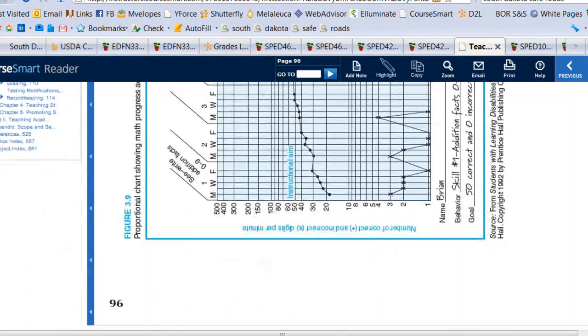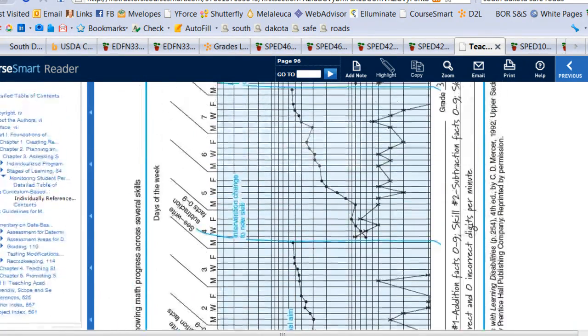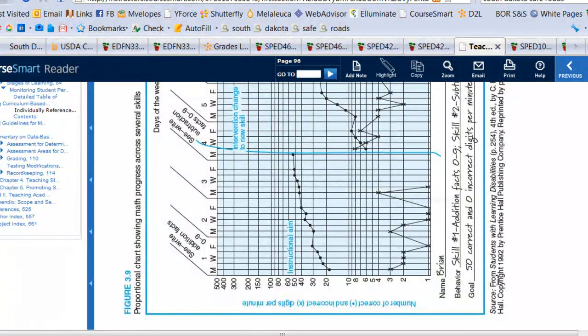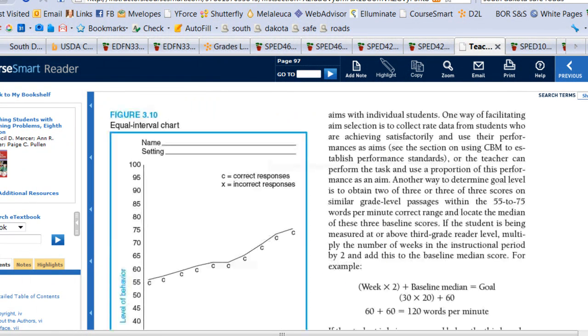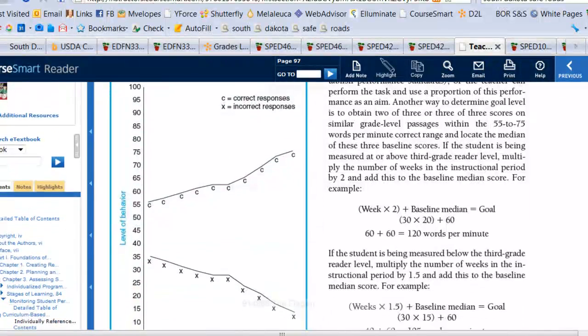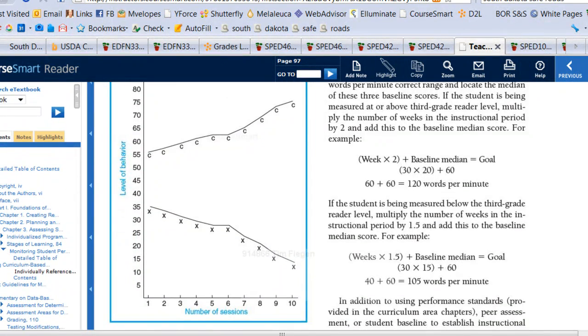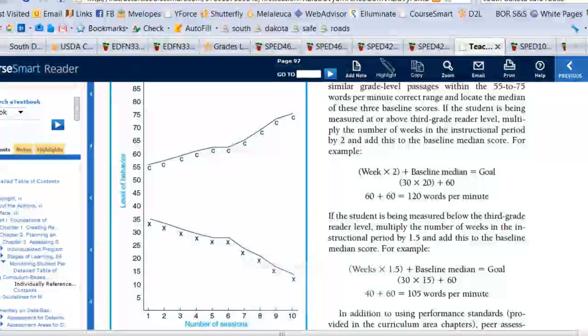This is a more complicated one that's sideways in my textbook. But take a minute and look over this. Here's another one, correct responses versus incorrect responses. And this is really a good way also, because often they are complementary.